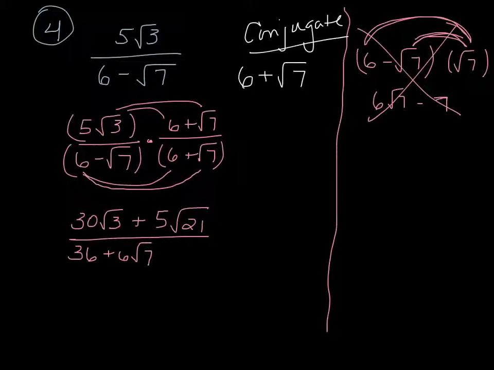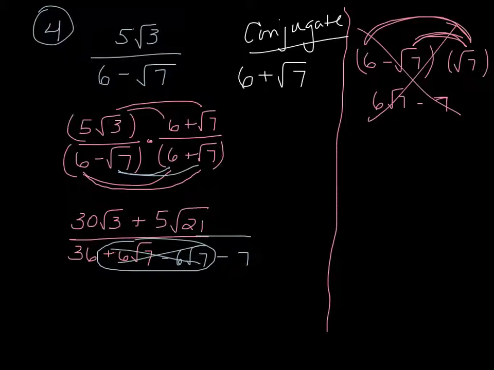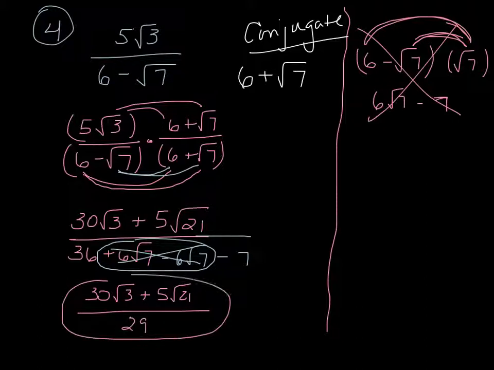Then we're going to do negative radical 7 times 6. And then finally, negative radical 7 times radical 7. And if we do this correctly, what should happen is those middle terms should cancel out, leaving us with a final answer up top of 30 radical 3 plus 5 radical 21, all over 36 minus 7, which is 29. And that'll do it.